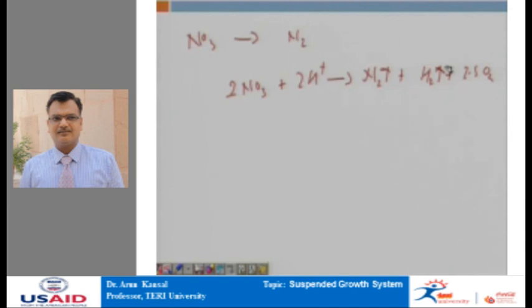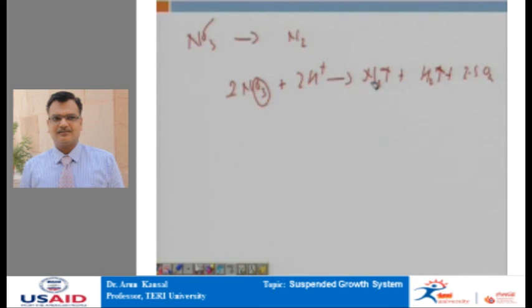Now, what is happening here is, if the organisms do not have oxygen, then in order to achieve their respiration, they will try to cleave oxygen from these types of inorganic compounds. Once they cleave the oxygen from these inorganic compounds, what we get is nitrogen gas. And we know that nitrogen is insoluble in water, so it immediately escapes into the atmosphere.